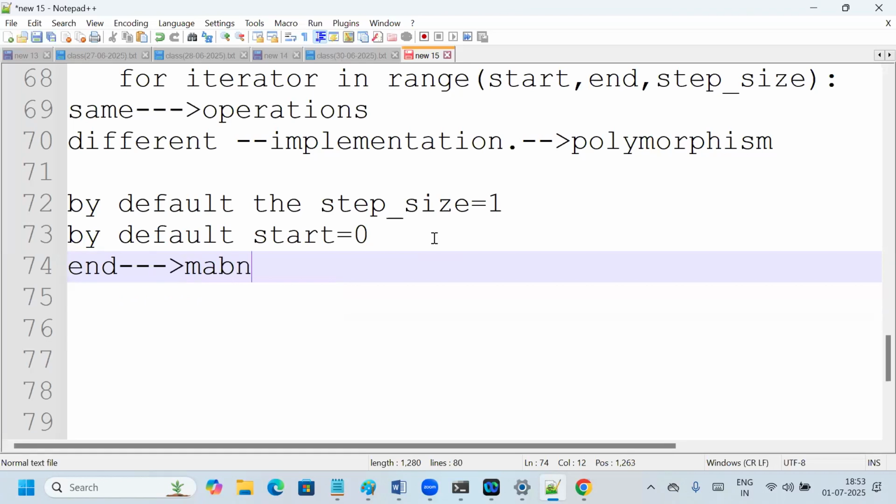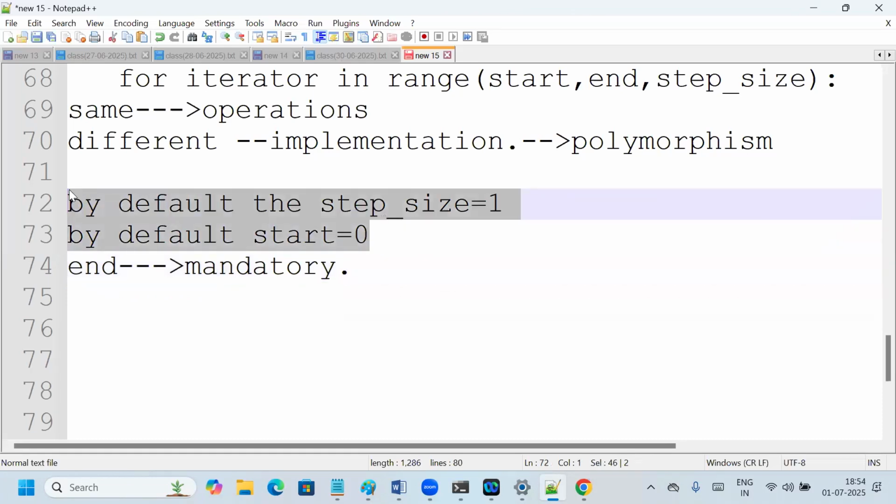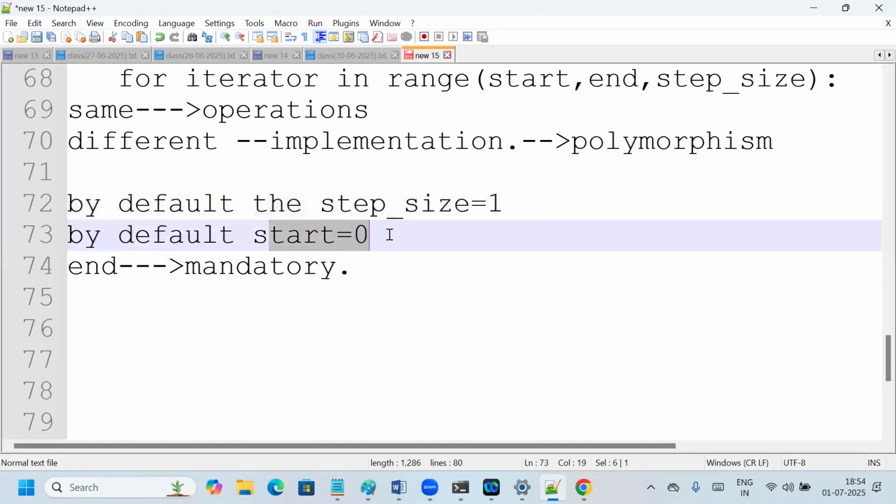Why? If you are not specifying where exactly you are stopping, your loop will be infinite. So it's mandatory to specify the end. These two things are optional. If you are not specifying, the defaults are taken: step size is 1 and start value is 0.